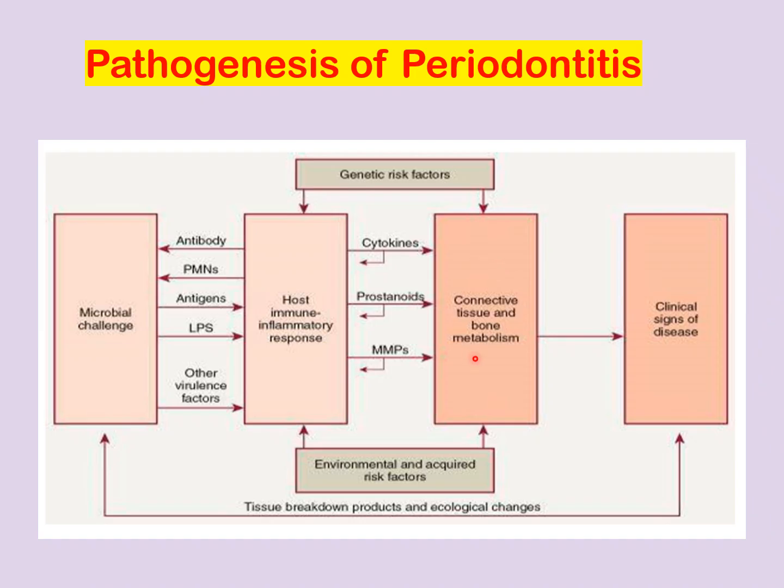This leads to the breakdown of periodontal tissues and bone, leading to the clinical signs of periodontitis. Also, the genetic risk factors and environmental and acquired risk factors affect the host immune inflammatory response and the connective tissue and bone metabolism.